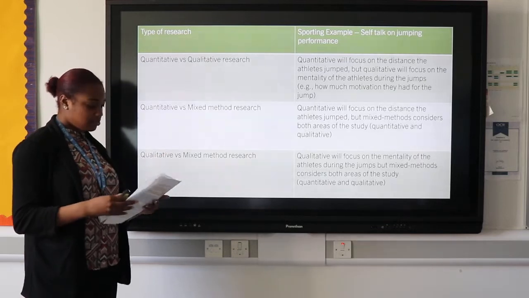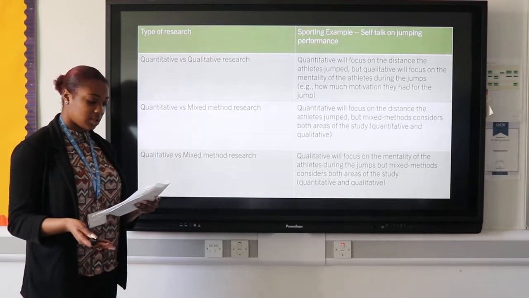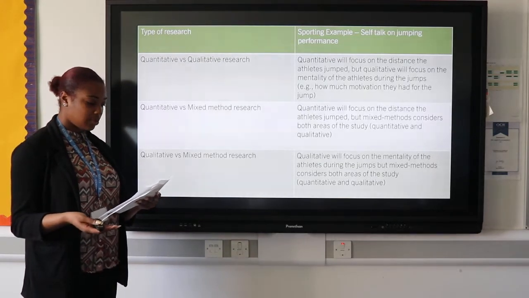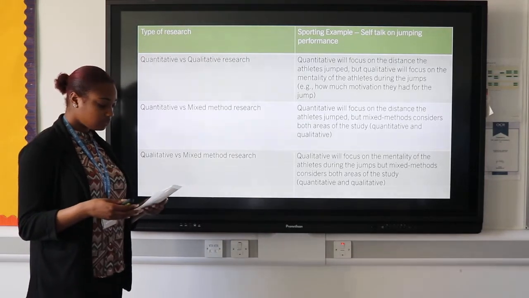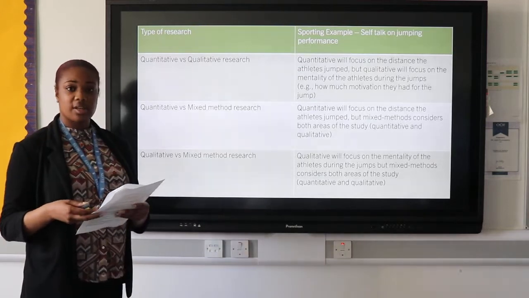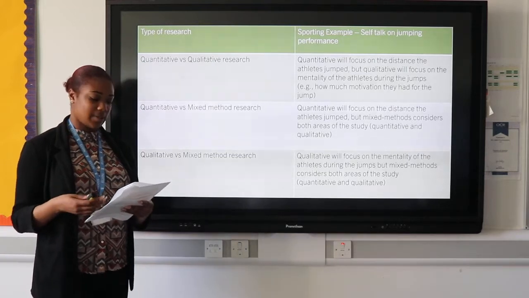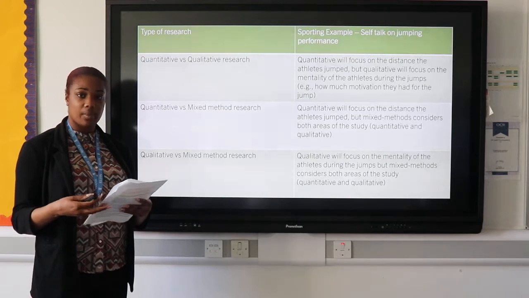Quantitative versus mixed methods research. If my main focus was quantitative, once again, I'd be focusing on the distance that athletes jumped. However, mixed methods considers both areas of the study, quantitative and qualitative. If I was comparing qualitative versus mixed research, and qualitative was my main aim, I would be focusing on the mentality and the psychological aspect of the athletes during the jump.